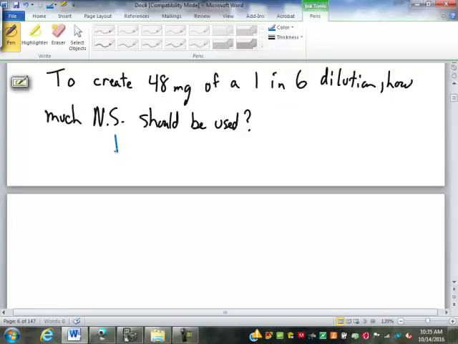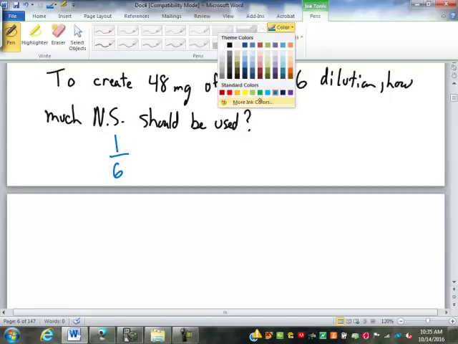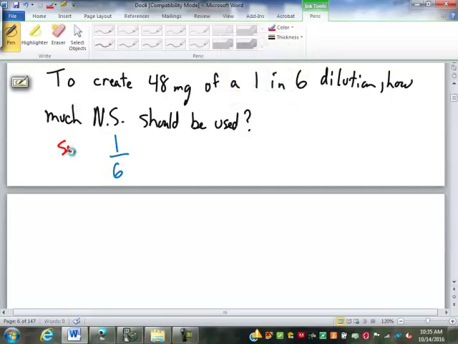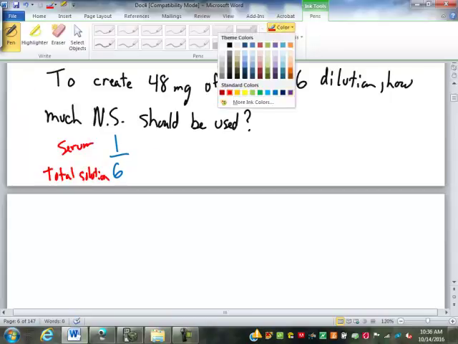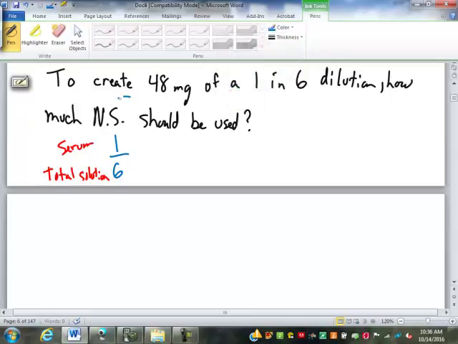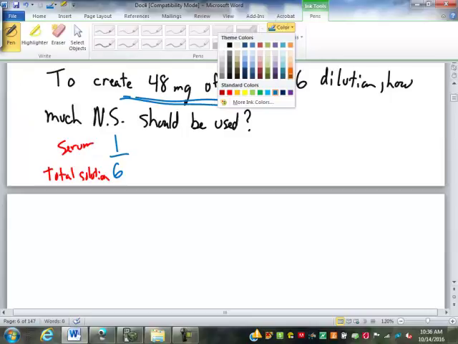So again, we've got 1 in 6. 1 represents serum, and the 6 represents total solution. We're given the 48. Does that represent either the serum or the total solution?